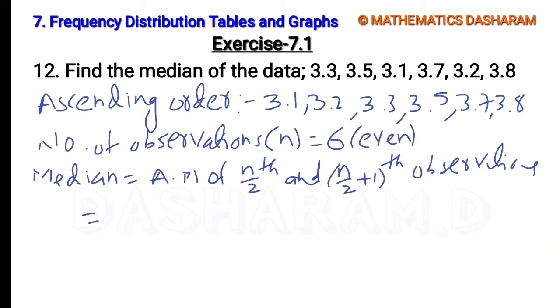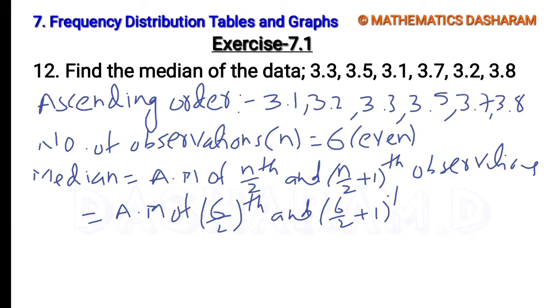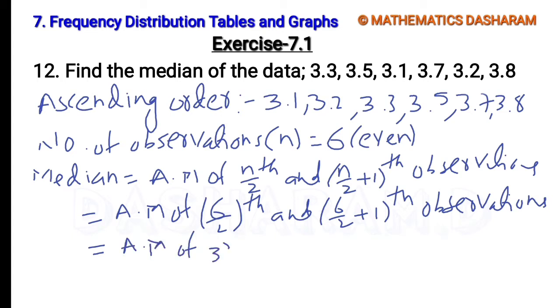So the arithmetic mean of n by 2, which means 6 by 2, and 6 by 2 plus 1th observations. So arithmetic mean of 6 by 2, the third observation, and 6 by 2 plus 1, the fourth observation.